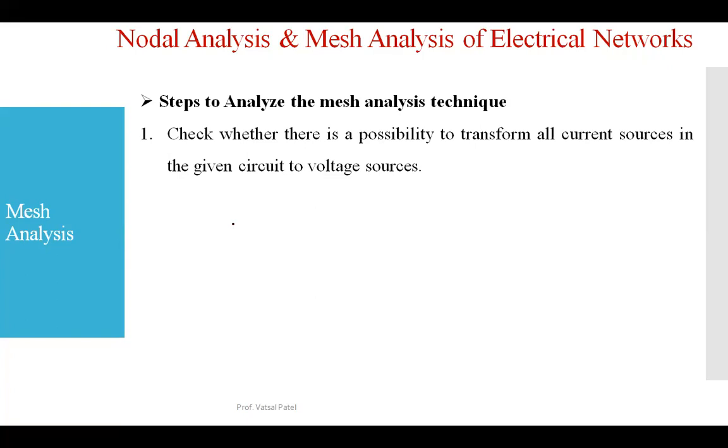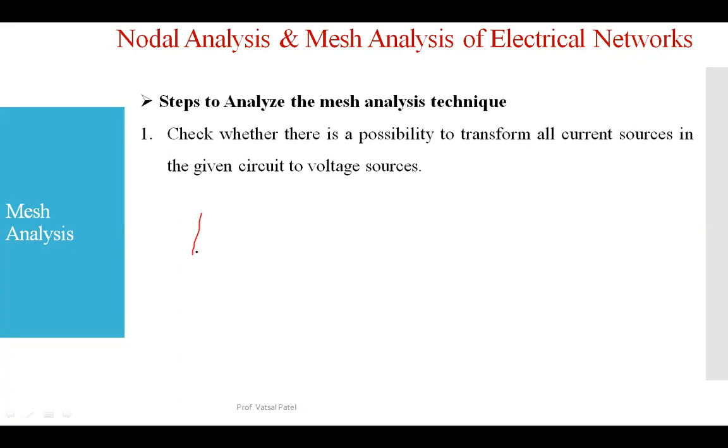This is applicable when you have any current source, like we discussed in our theoretical session about the types of sources, that you will have either an independent voltage source, dependent voltage source, independent current source or dependent current source. So if you have any current source in the circuit, you need to transform it into a voltage source. Now I will give you one example here.